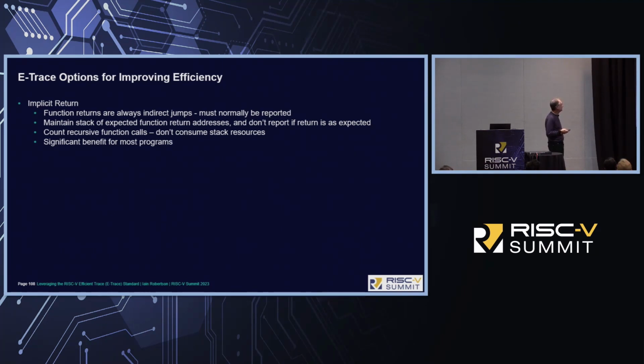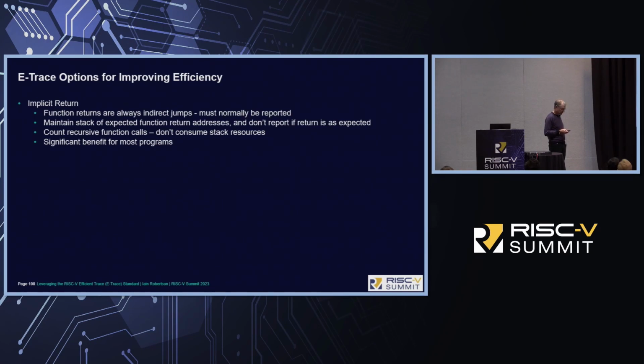When the function returns, that return address is popped off the stack, put into a register, and then you do an indirect jump to that address. And so that's an indirect jump, and indirect jumps normally have to be reported in full in the trace. But of course, well-behaved functions generally return to the instruction which is sequentially after the call. And so you can take advantage of that.